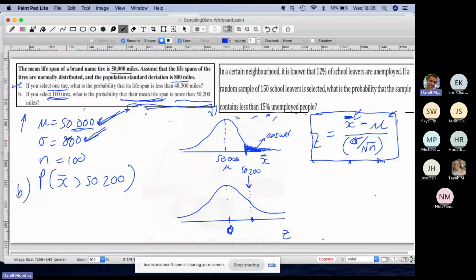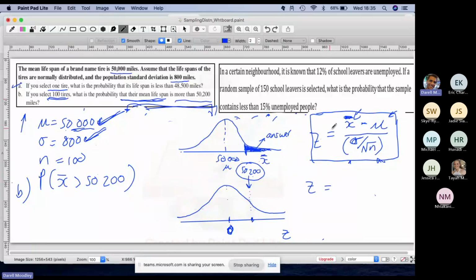So you have mu, you have sigma, you have n, and what you would put for X bar is whatever X bar value you're trying to get the equivalent Z value for, that's what you're going to put in. So for us, we're interested in 50,200. So you're going to put 50,200 into X bar, right? So please do that in your calculator now. I want you to put all these values into this equation and tell me what Z value you get.